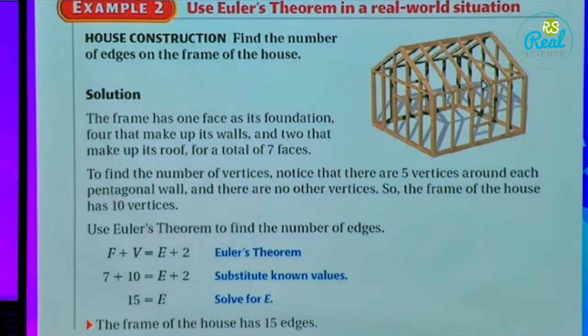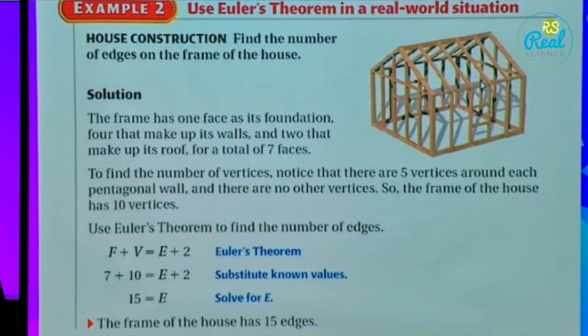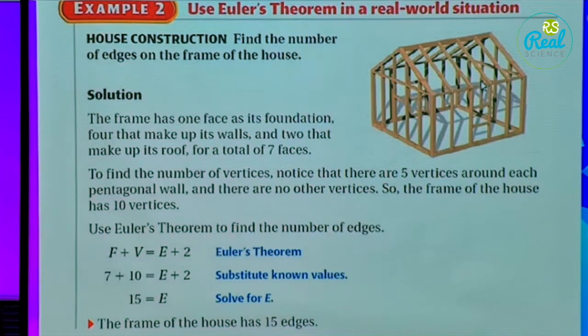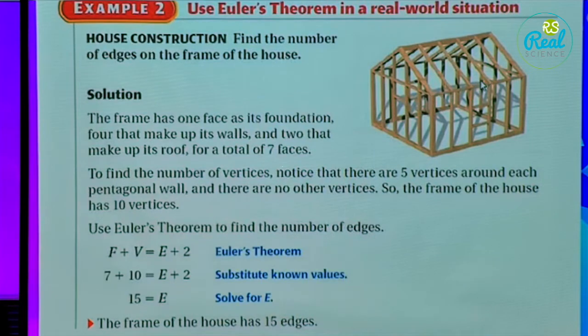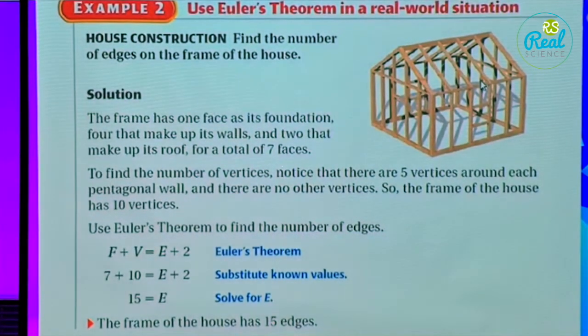For this theorem. The frame has one face in its foundation, 4 that make up its walls, and 2 that make up its roof, for a total of 7 faces. To find the number of vertices, note that there are 5 vertices around each pentagonal wall and there are no other vertices, so the frame of the house has 10 vertices.